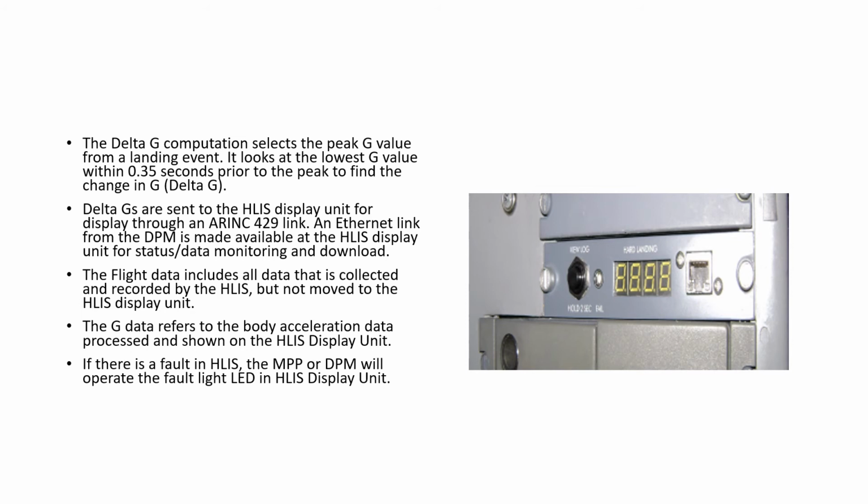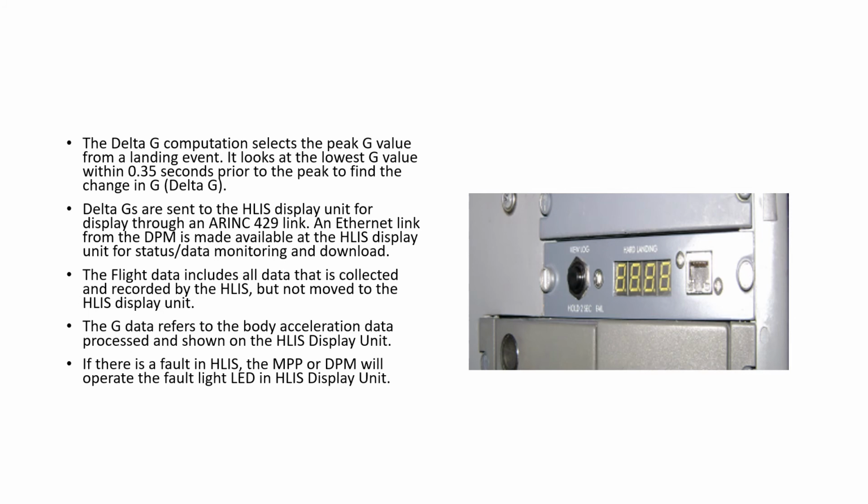An Ethernet link from the DPM is made available at the HLIS display, so we can monitor the system or status data monitoring, and also download the information. It looks like a telephone connector there. That's the Ethernet connector.